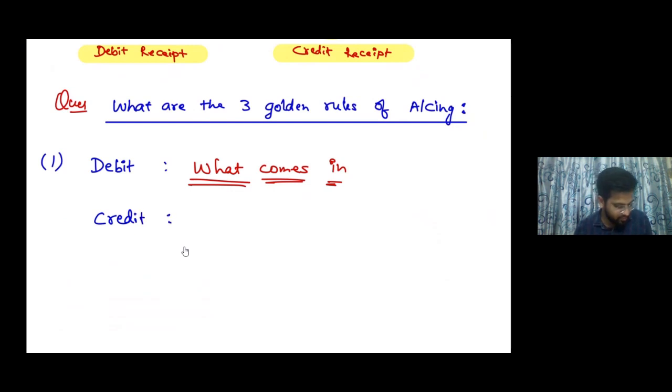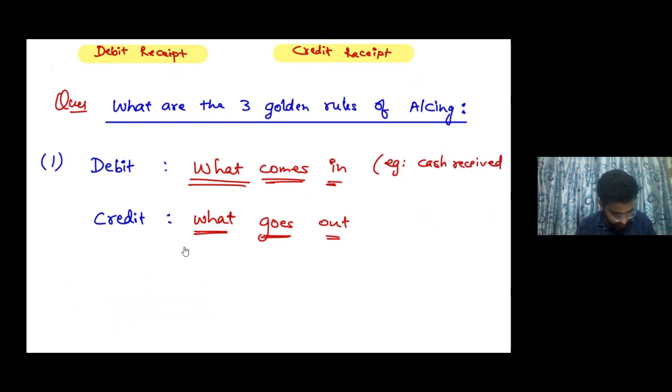Obviously, if debit is what comes in, so what would be the credit? Come on, everyone. What goes out? Debit, what comes in. Credit, what goes out. Okay. So in this case, I will write some examples. Example: cash received rupees 20,000.